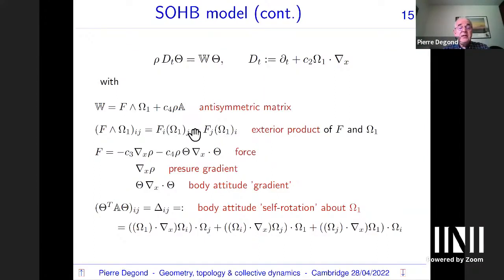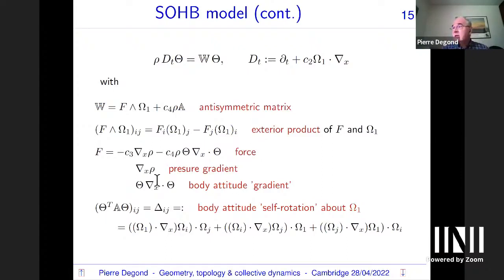So what is it? It is a matrix, it's a rotation that, so F, what is F? F is a force vector. Let's say, what can the force be coming from? The force usually comes from gradients of the quantities. Here I have two quantities, the density. So the gradient of the density is just the pressure gradient. So there is a first component of the force which stems from the pressure gradient.